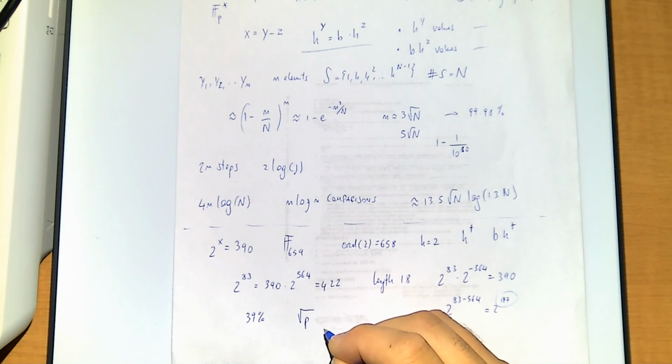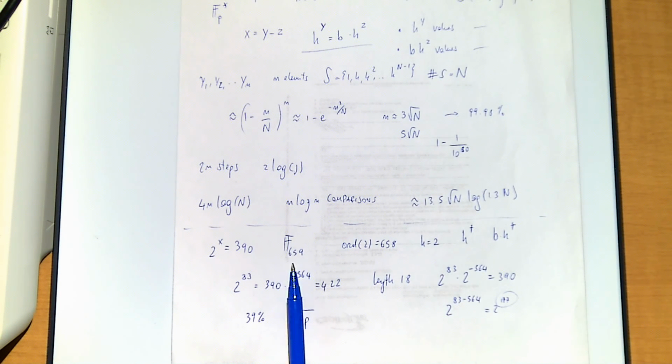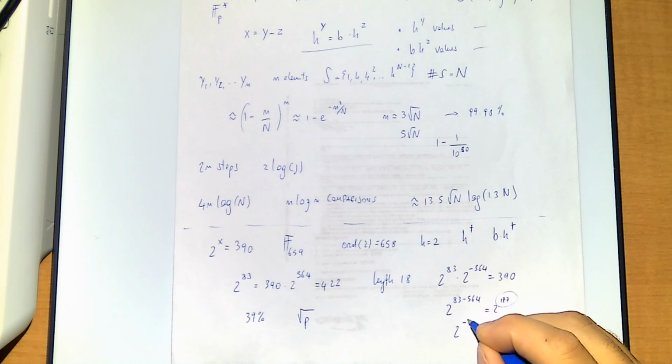Wait, 177. That's your answer. You take modulo p. Yes, that's 2 to the negative 481, so it's 177. Okay.